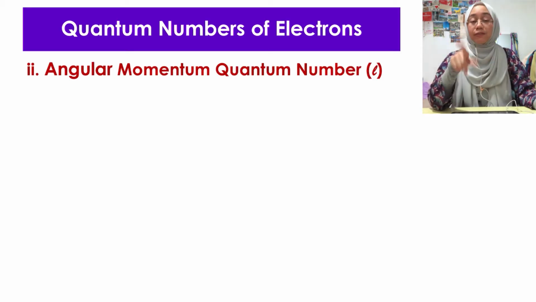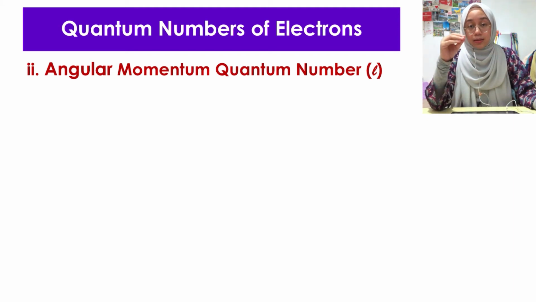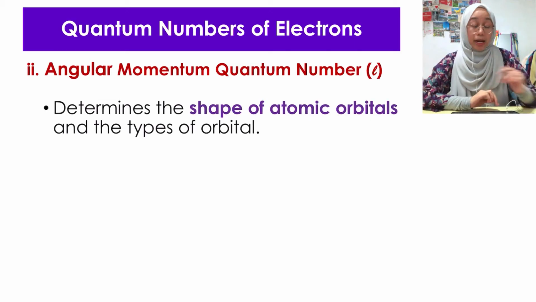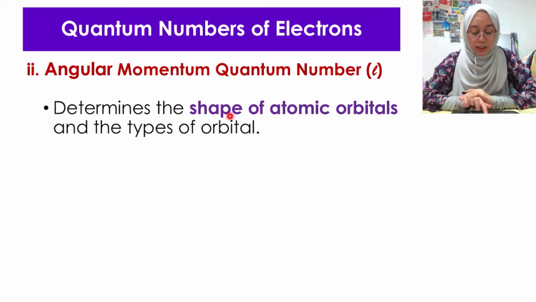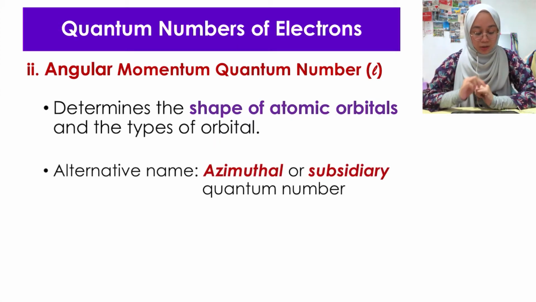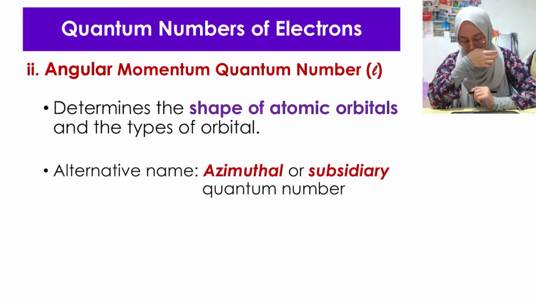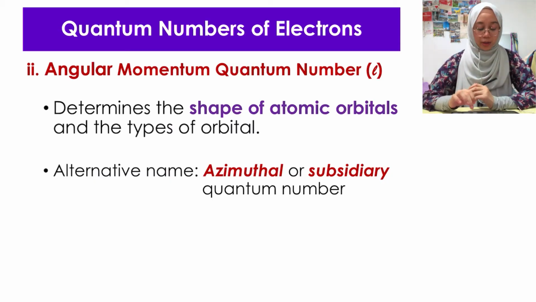So kalau previously we learned about principal quantum number n, that is about size. But L pula it determines the shape. It determines the shape of atomic orbitals and also the types of orbital. So alternative name untuk dia adalah azimuthal ataupun subsidiary quantum number.